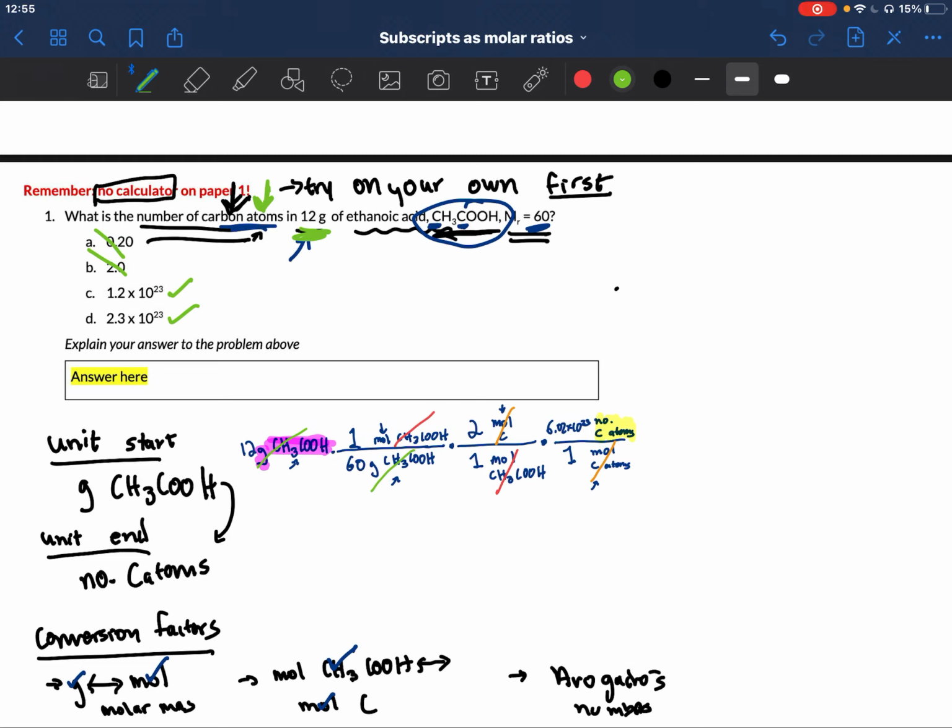All right, so let me figure out what this math is going to look like. I'm going to have 12 times 1 times 2 times 6.02 times 10 to the 23rd all over 60. Let's see if I can do some canceling here of numbers.